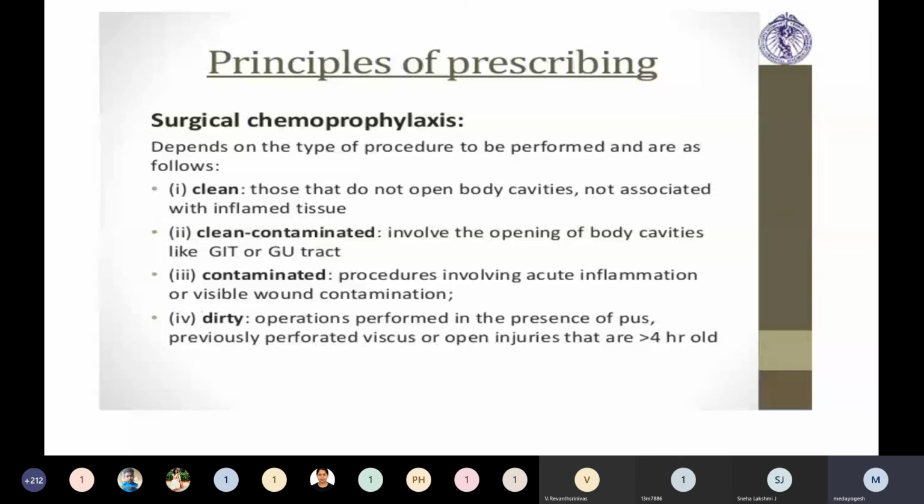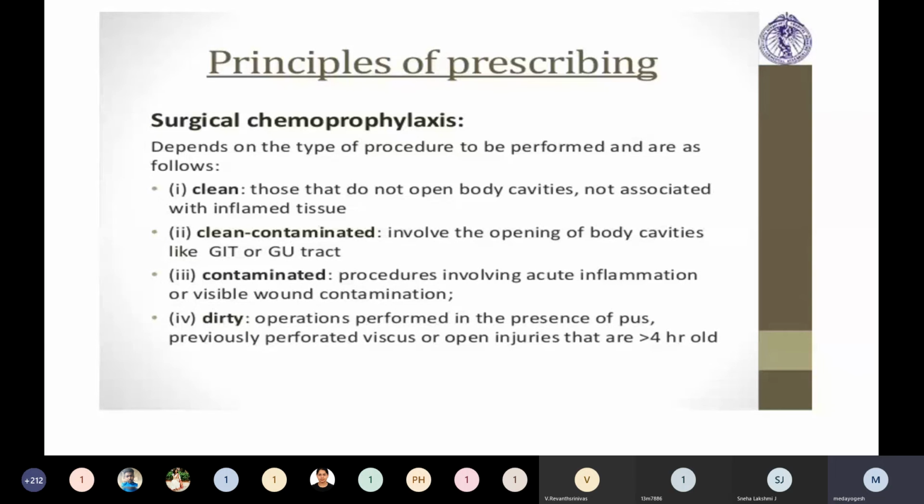Fine. So now, depending on the type of procedure to be performed, there is surgical chemoprophylaxis based on the wound. The wound itself is classified into 4 different types. Clean, those that do not open body cavities and are not associated with inflamed tissue.